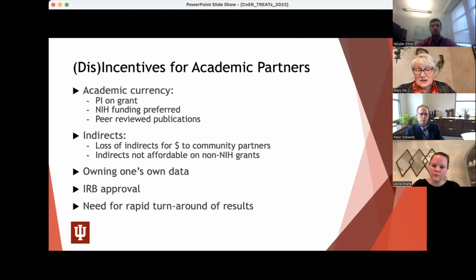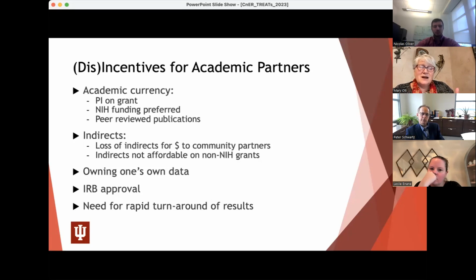Our academic currency is being PI on the grant. NIH funding is preferred. We are judged on peer-reviewed publications, which really isn't the case for our community partners. And this has been a controversial topic within the university, but indirects end up being really important.